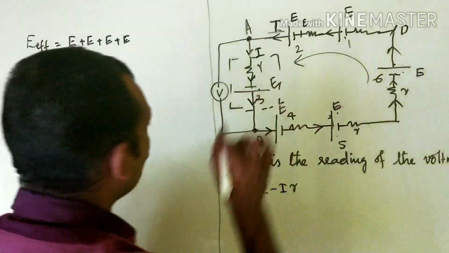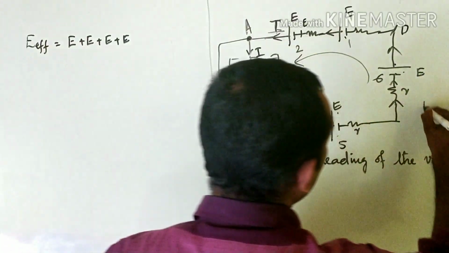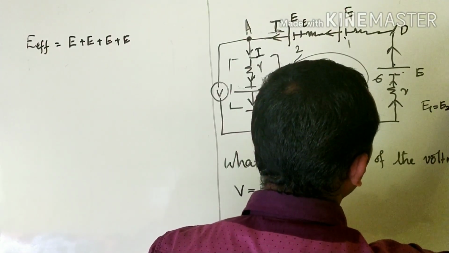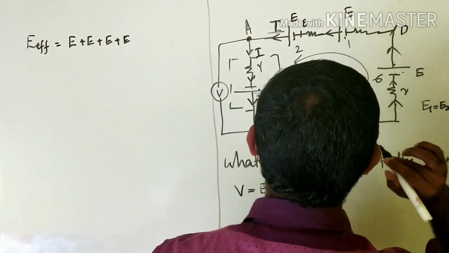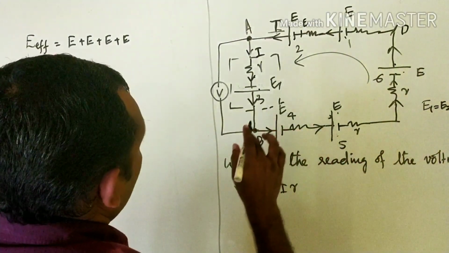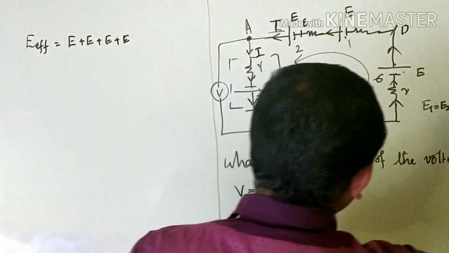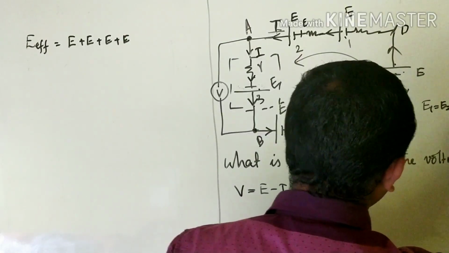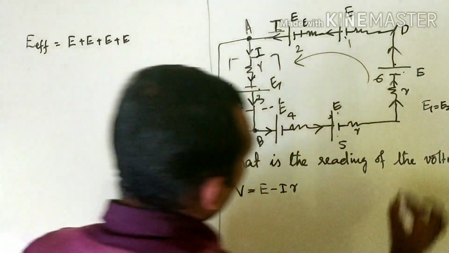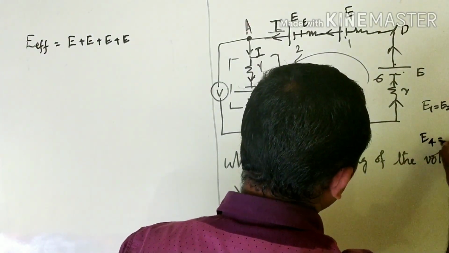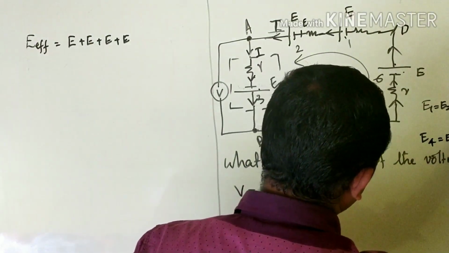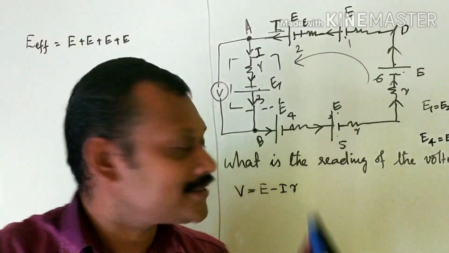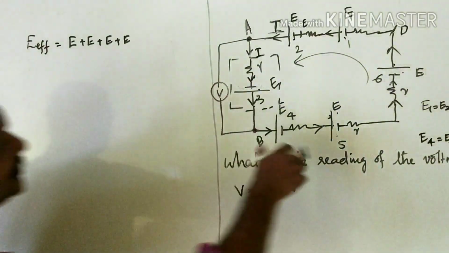Now E1 is equal to E2 is equal to E3 is equal to E6, not E4, that is equal to E. Now E4 is equal to E5 is equal to minus E, because it is connected in the reverse order, right? So I will say this is equal to minus E.